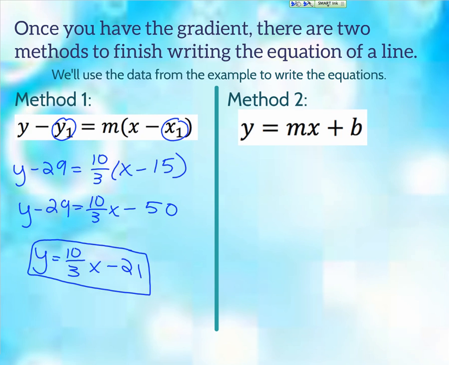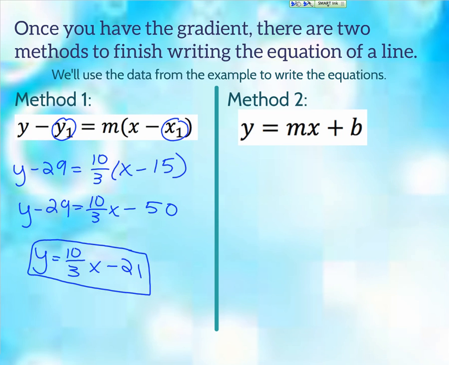And again, like I was mentioning earlier, if I wanted to see the distance of their average 13-year-old, how far they would throw it, I could just plug in 13 here. So I could do 10/3 times 13 minus 21, which is 22.3. See, my estimate was 22.5, so a little bit different, but our estimate was still close.